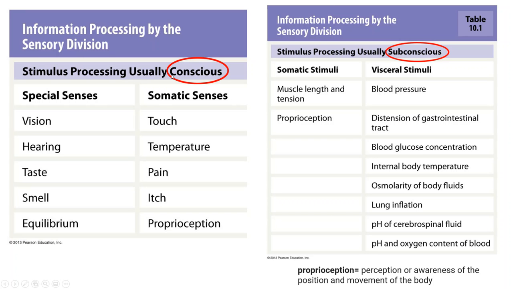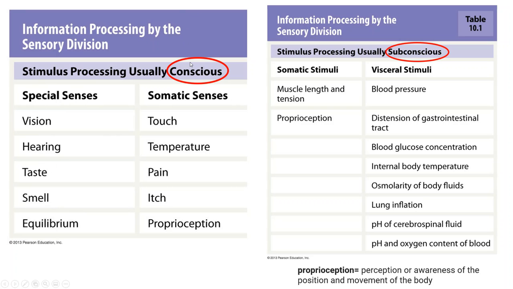So let's look at the conscious first, the conscious stimuli, or conscious senses, we can say. The conscious ones, as I told you, include the special senses and the somatic senses. The special senses, which we're going to look at quite in detail, are vision, hearing, taste, smell, and equilibrium.